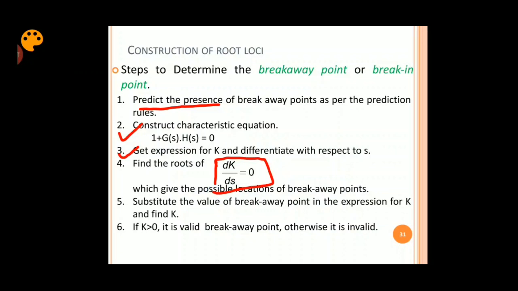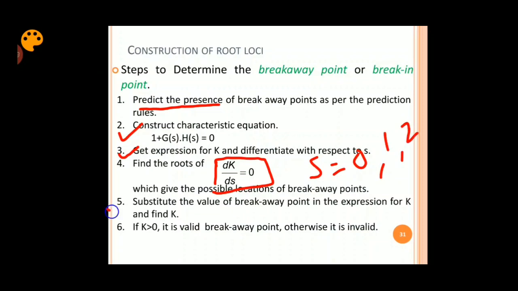Find the roots of dk by ds. Now you will get some values for s. Obviously dk by ds will be in terms of s, so the roots of that equation would be some values for s. Now suppose I get s equal to 0, 1, 2.